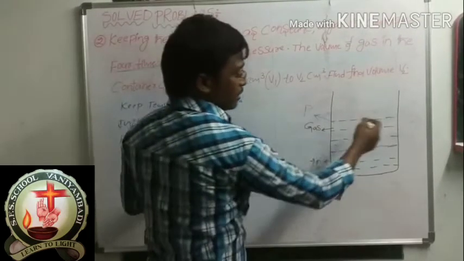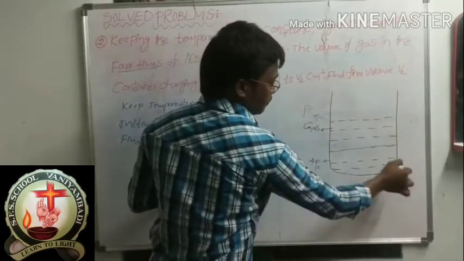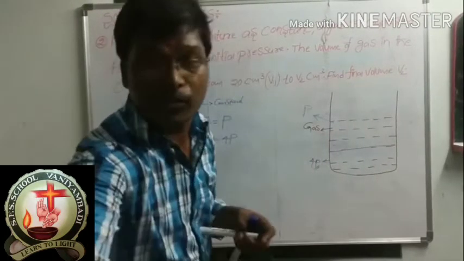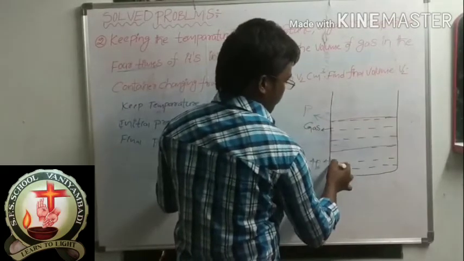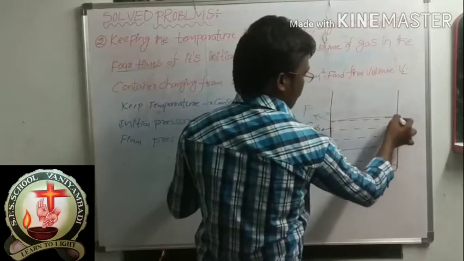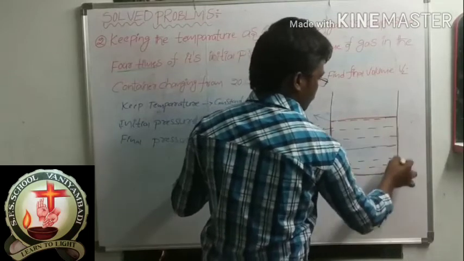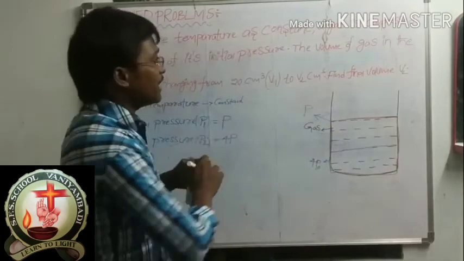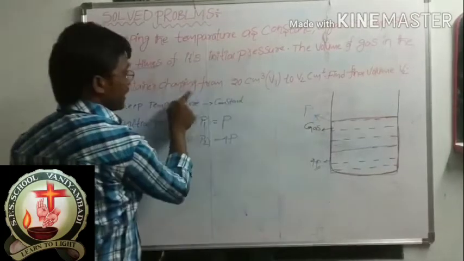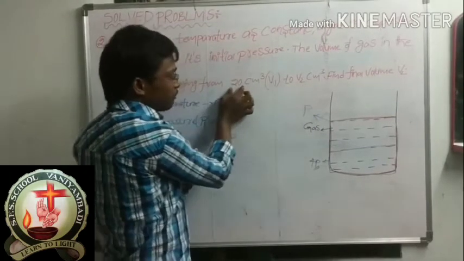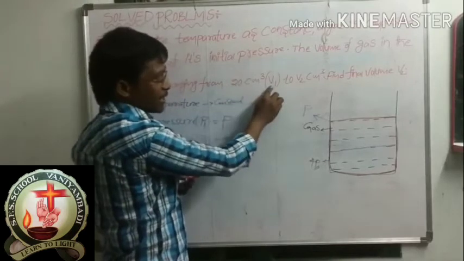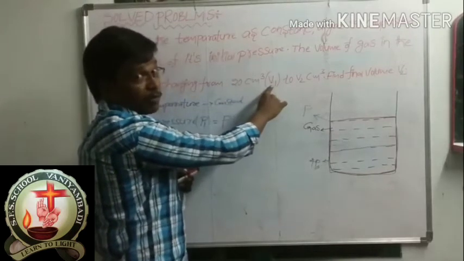Volume means this is the volume, the volume of the gas. So what is he giving? The volume of the gas in the container changing from 20 to V2. 20 centimeter cube, which he mentioned in the bracket as V1, meaning volume 1.